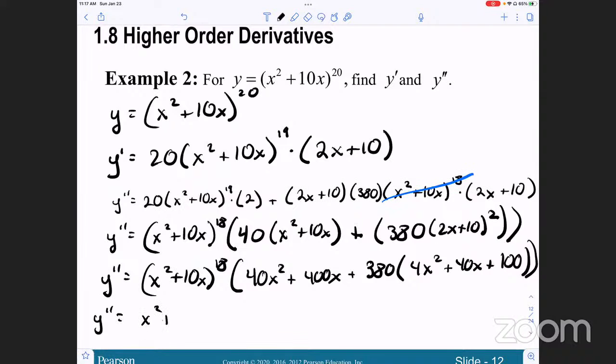Here, x squared plus 10x to the power of 18. Now, they probably stopped way sooner than we did. X squared, 4 times 380, 4 times 3 is what, 1200? Plus 320.